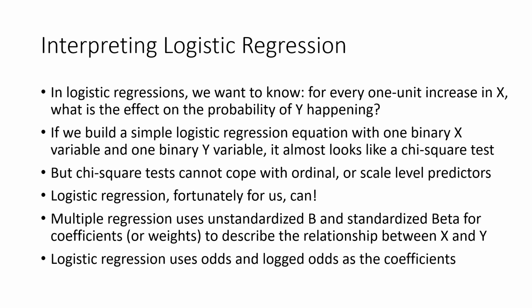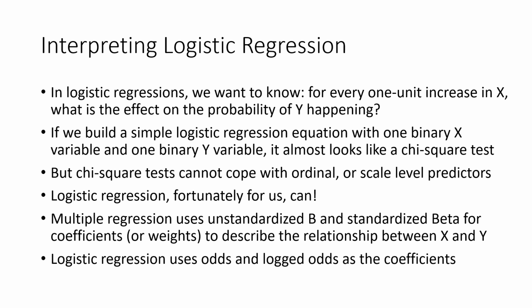It can't deal with ordinal variables with lots of categories, and it certainly can't deal with scale level predictors. On the other hand, logistic regression analyses can cope with dummy variables as well as ordinal variables as well as scale level predictors.